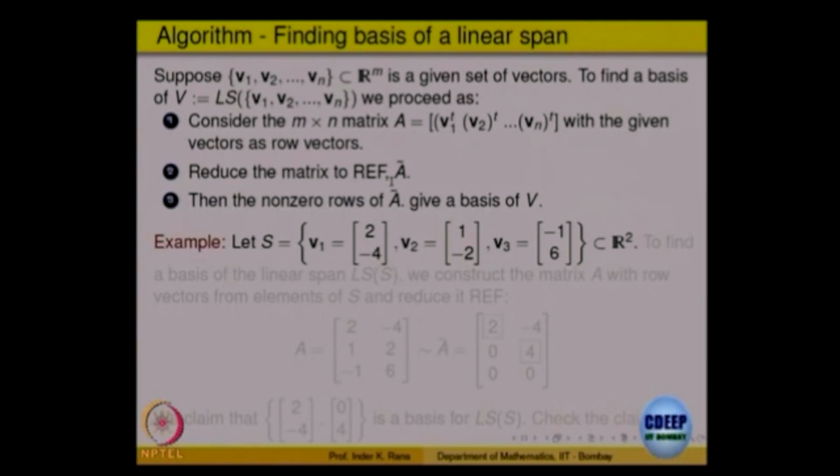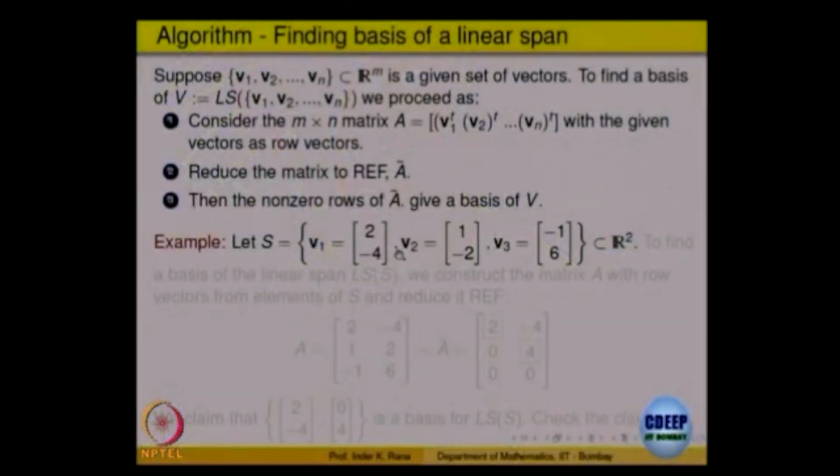So if I take the span of them, that should have a basis with at most 2 elements. The linear span of this set S can have at most 2 vectors, not all 3. I want to find two vectors which will give me the span of S.